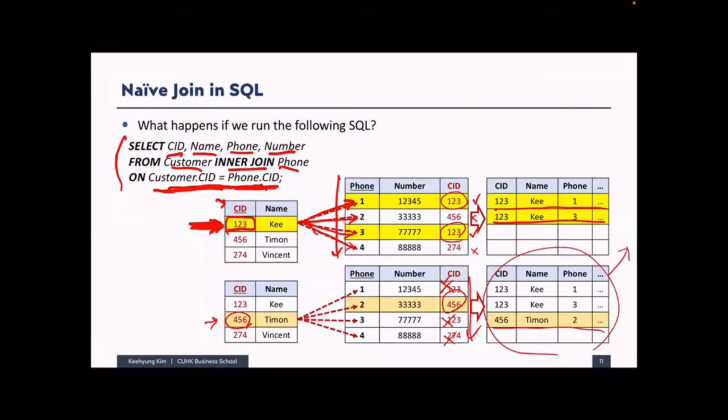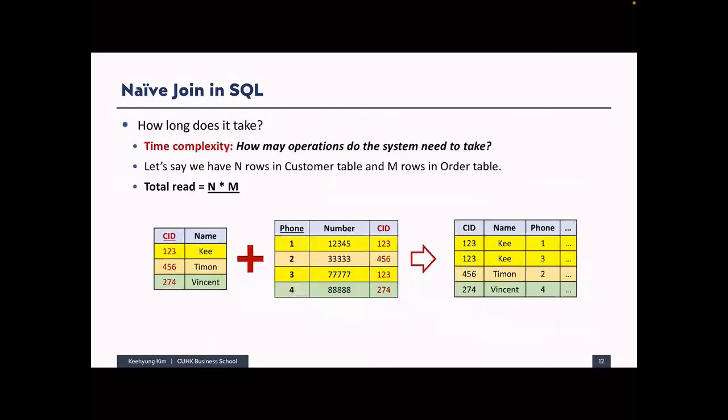So that's the basic concept of how the join works in a relational database if you use SQL. So the question is, how long does it take? I said the join process is very slow because it uses table scan, and we have to think about how long it will take. You don't need to know too much about this, but briefly, in computer science we call this concept time complexity.